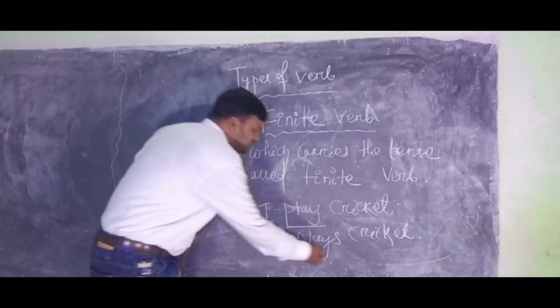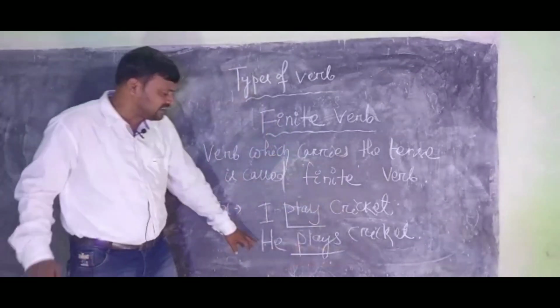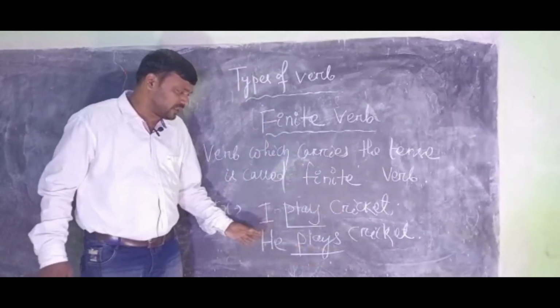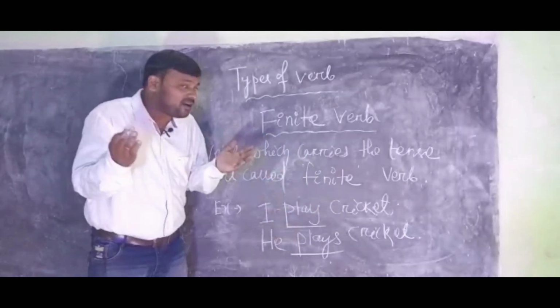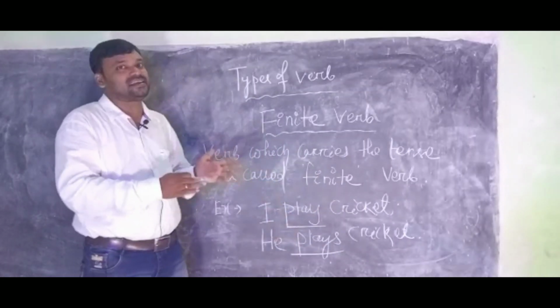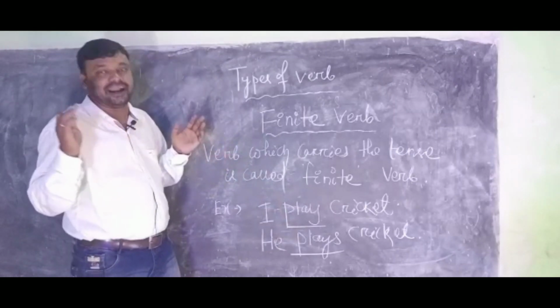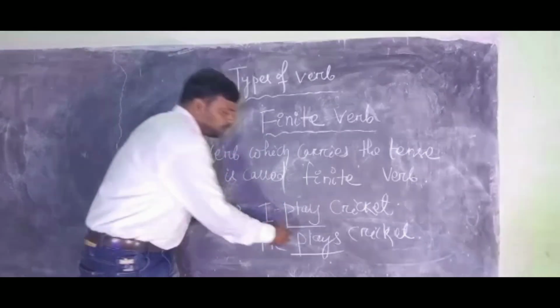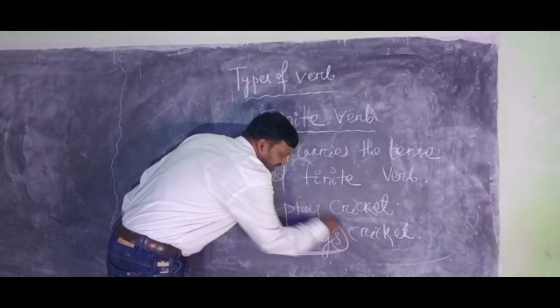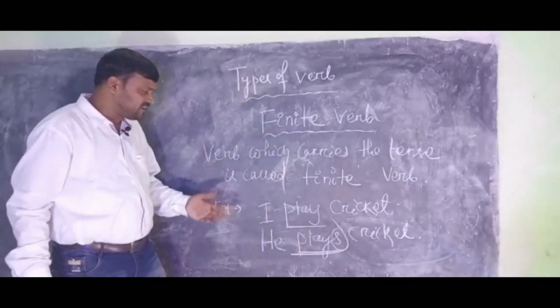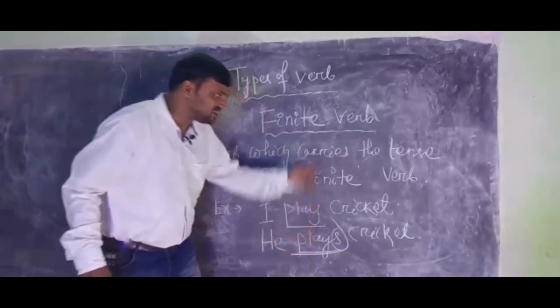Here plays is your finite verb, because he is third person singular number, so the verb according to the tense, if the subject is third person singular number, then we add s or es at the end of the verb. So here the verb carries the s, and also the verb carries the tense.